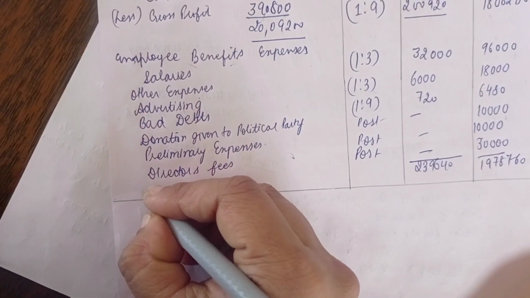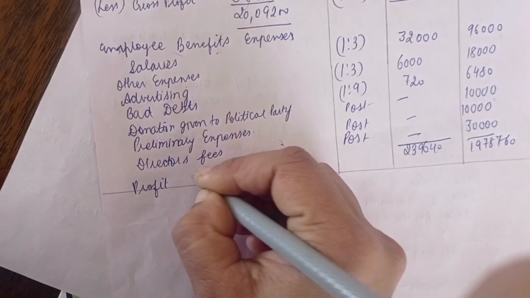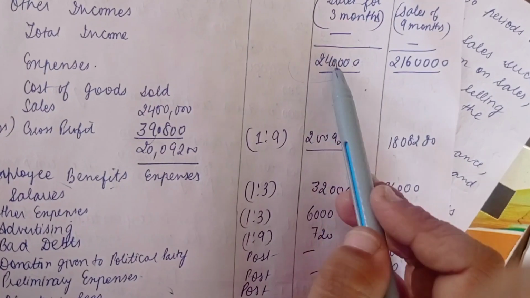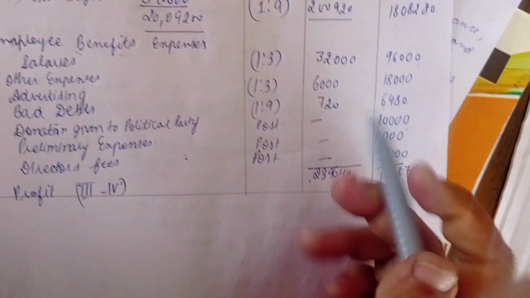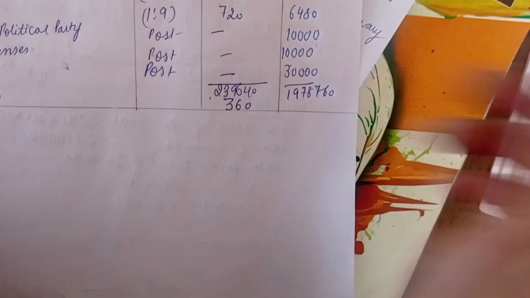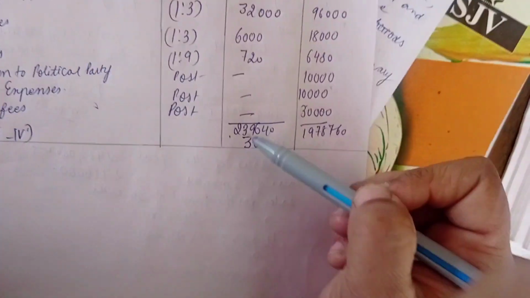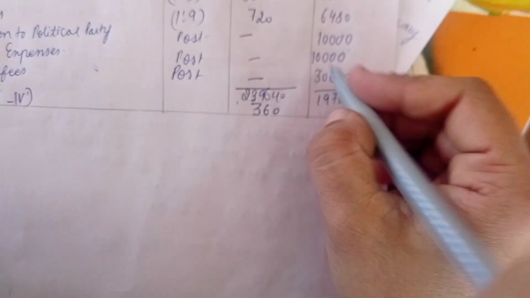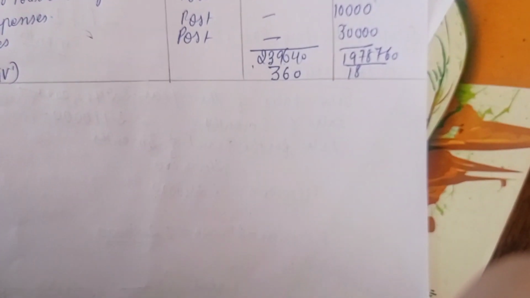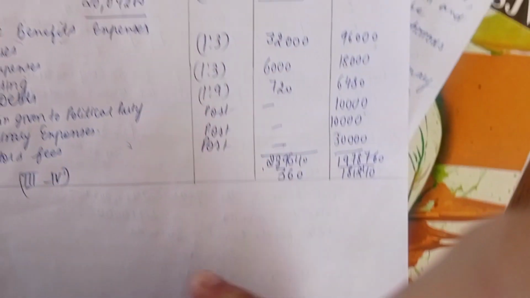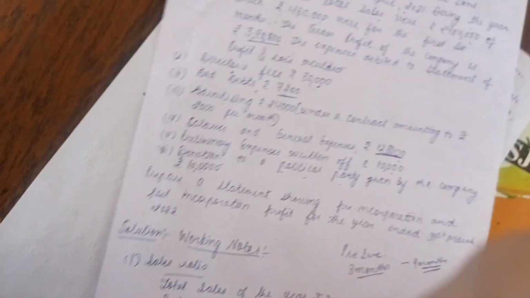Now we will calculate the profit: total income minus all the expenses. That is 2,40,000 minus 360 gives 2,39,640, and the last, post-incorporation period's profit, is 1,81,240 rupees. I hope the topic is clear to you.